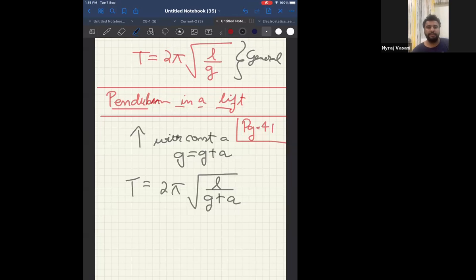Now this is when the lift is moving upwards. This is the case. Once you're done, please let me know.